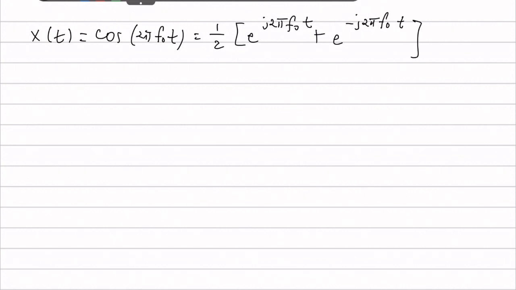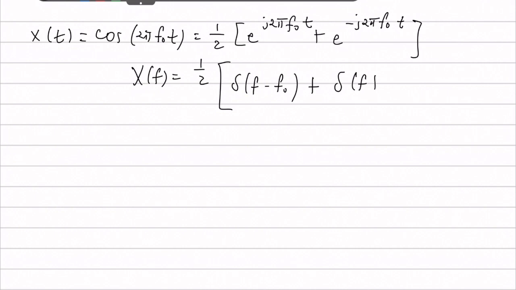Okay? So this is leading somewhere, because earlier we already derived the Fourier transform for complex exponentials. So let's go directly to the frequency domain. X(f) is equal to 1 half times the Fourier transform of e raised to the j 2 pi f naught times t, which is delta of f minus f naught, plus the Fourier transform of the second exponential, which is delta of f plus f naught.